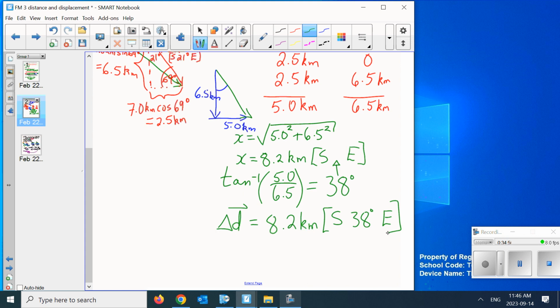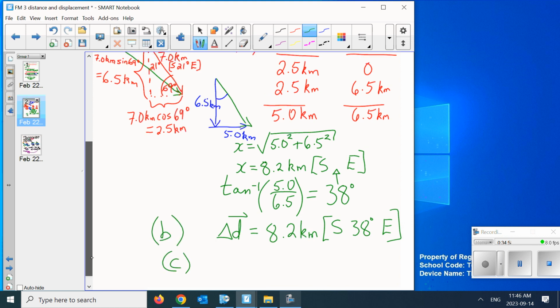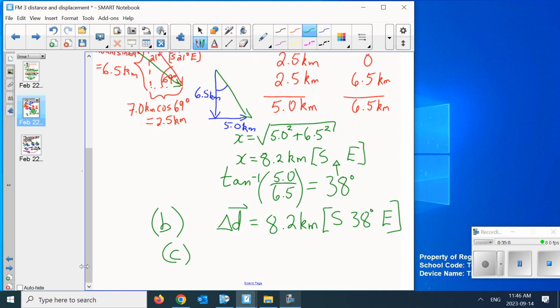So I'm going to take the easy way out and say the final position is the same thing. It happens to be the same thing if the 0 is the starting point.